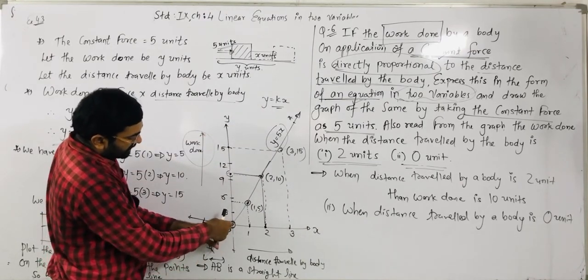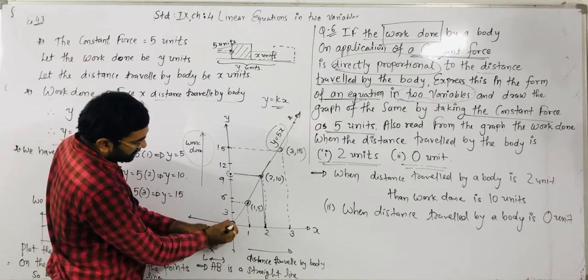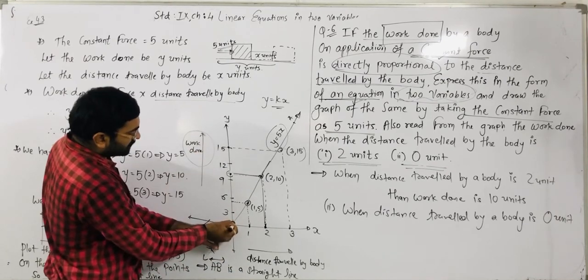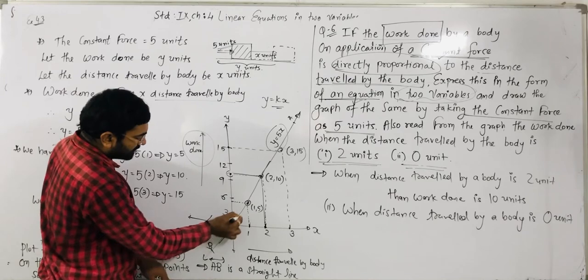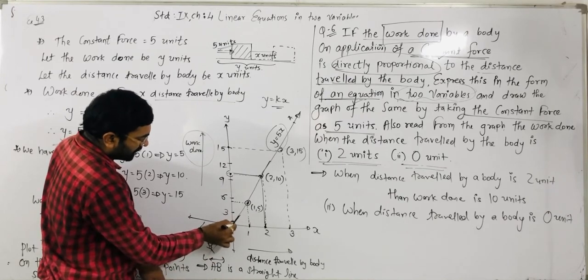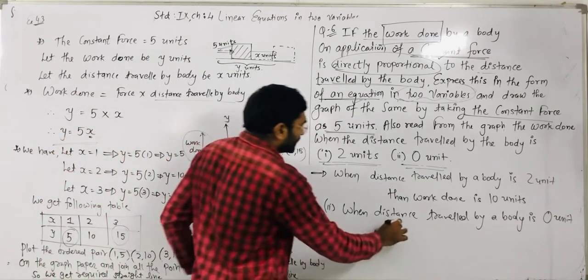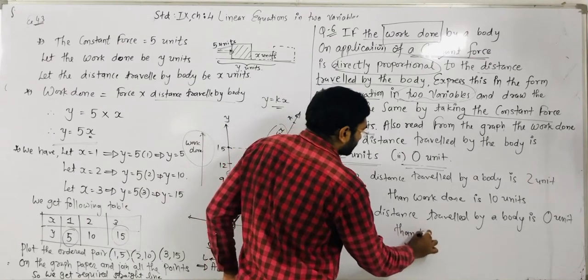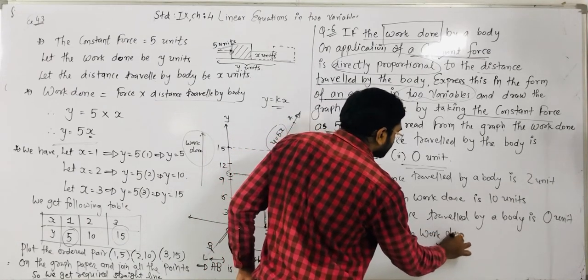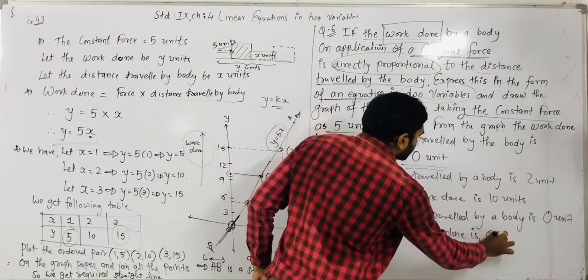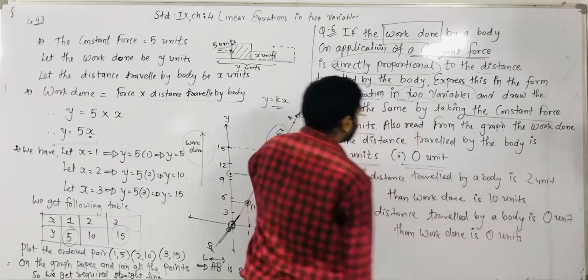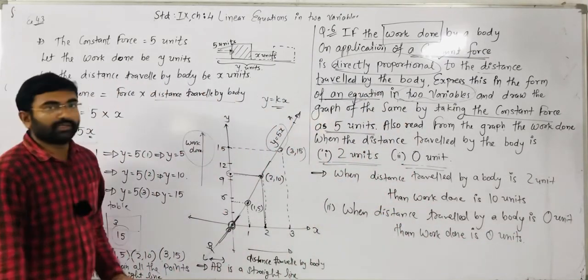So when x, the distance traveled by the body, is 0, then your work done is also 0. Why? Because our graph is passing through the origin point, right? Then the work done is 0 unit. Okay. So that question's answer we have to give that way.